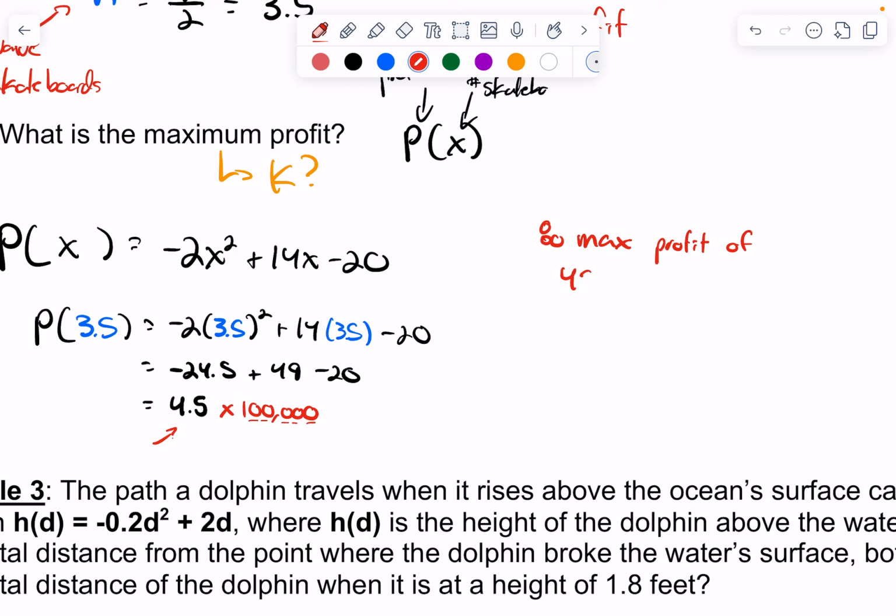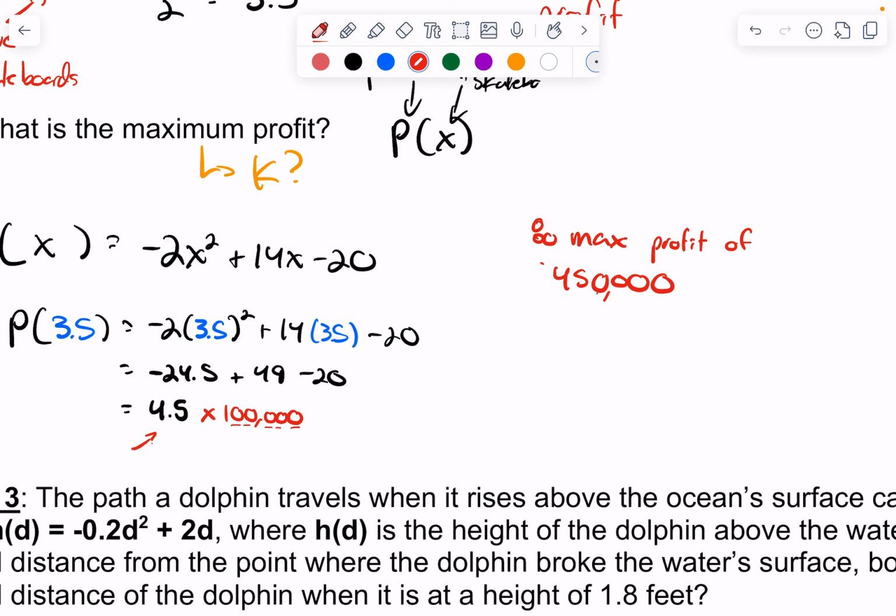So 450,000. I don't know why it took me so long to do, but max profit of $450,000.